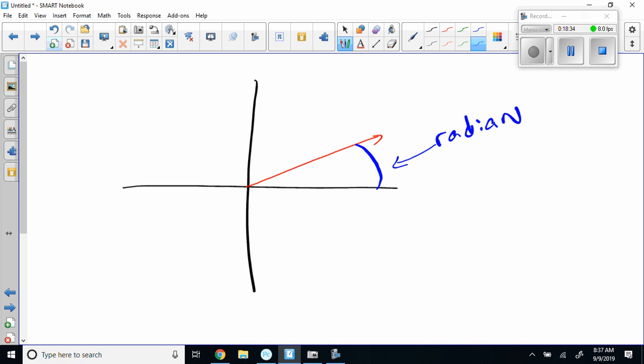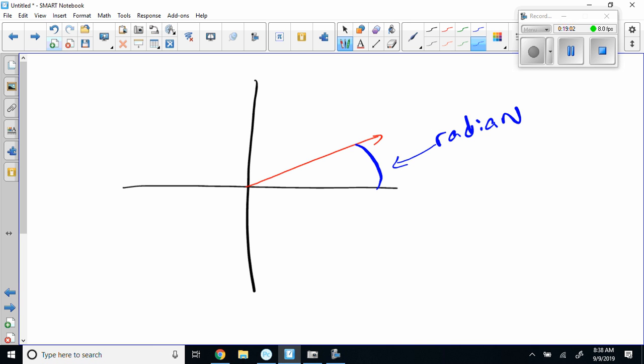For a radian, it's the distance of the arc. It's that portion of that circle, right? Angles are down here, radians are out here. You're basically asking how much of the circumference am I showing?